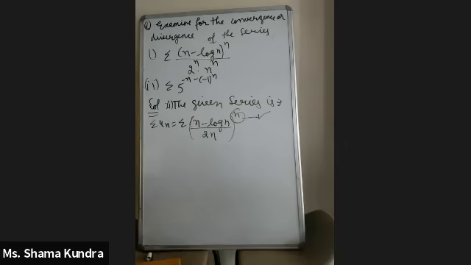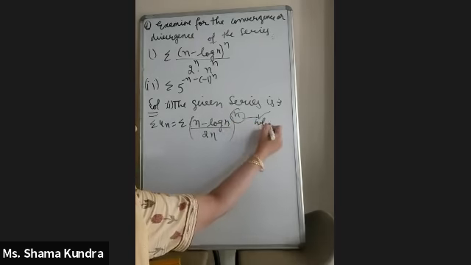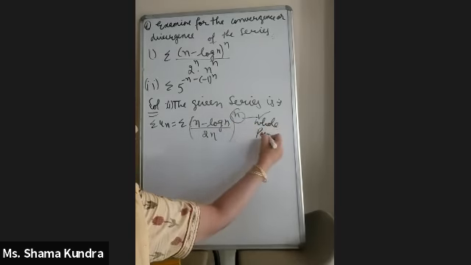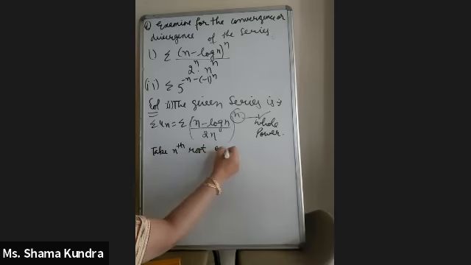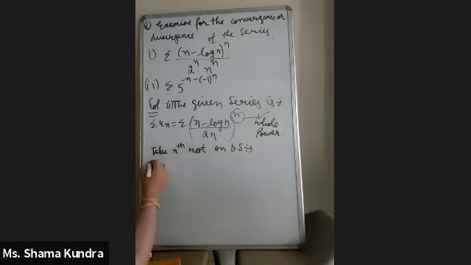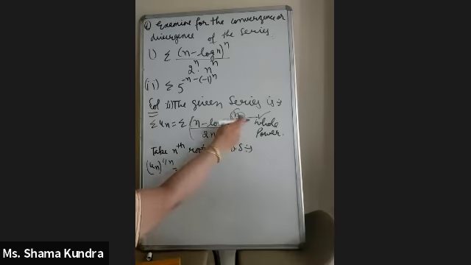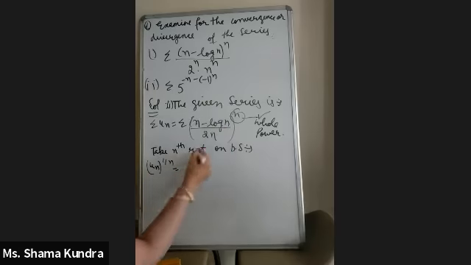n. Whenever the whole power is n here, n cube, we use the root test. This is whole power n. Take nth root on both sides. The n power cancels out with the nth root.